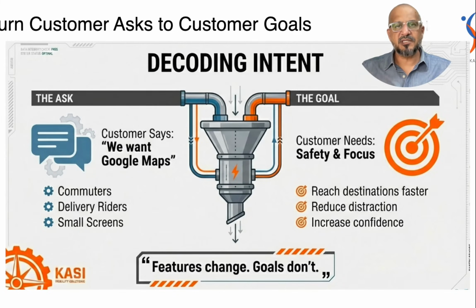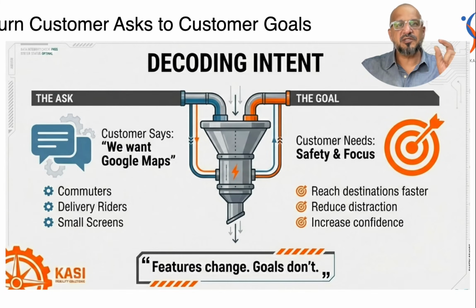But have you understood the intent behind the customer asking? Maybe there are other ways that you can provide the customer on how to reach their goal, right? How to do that job better. Maybe the black and white screen could have a different kind of contrast, and that's good enough for the customer. You don't really need a colored screen, right? Though the customer is asking for it.